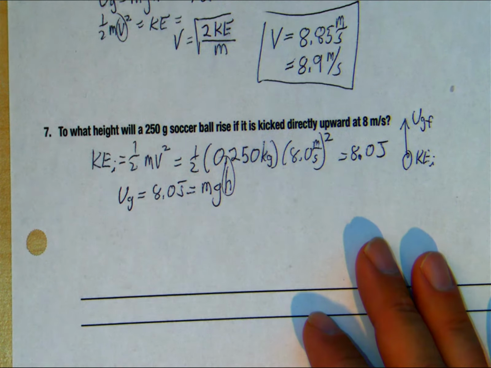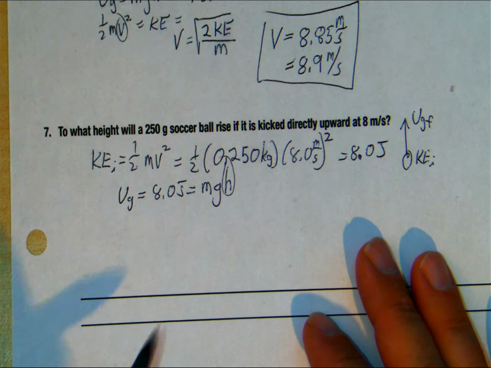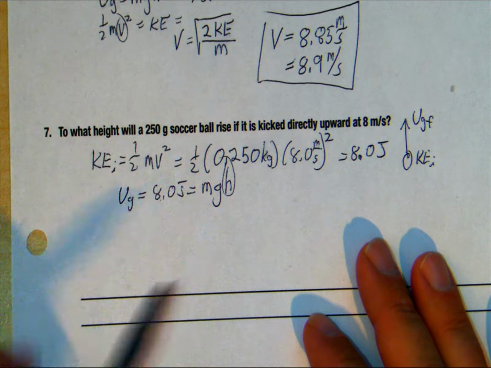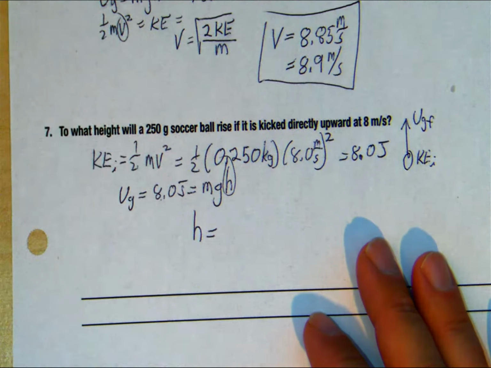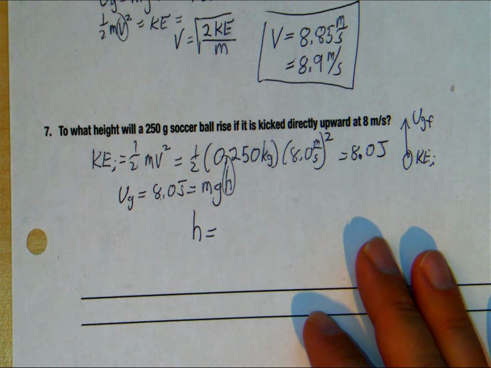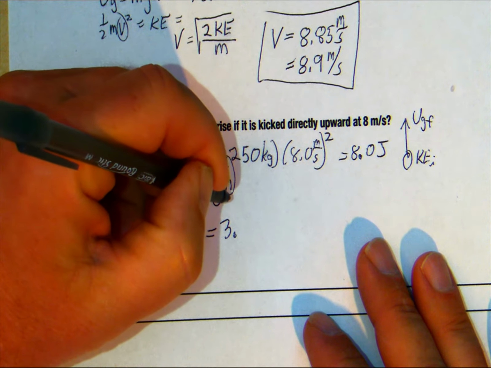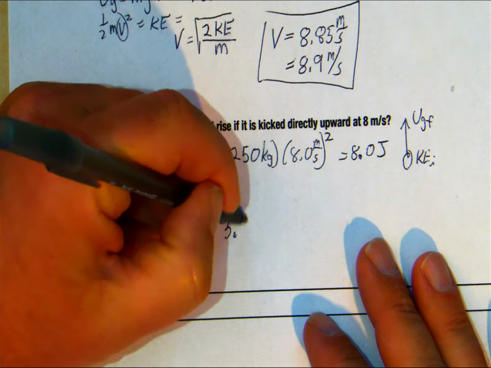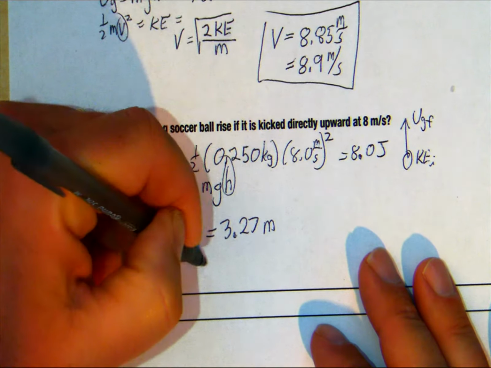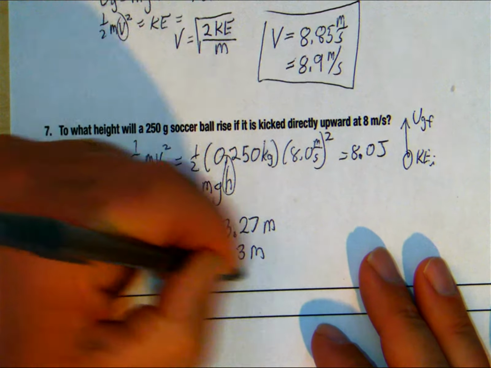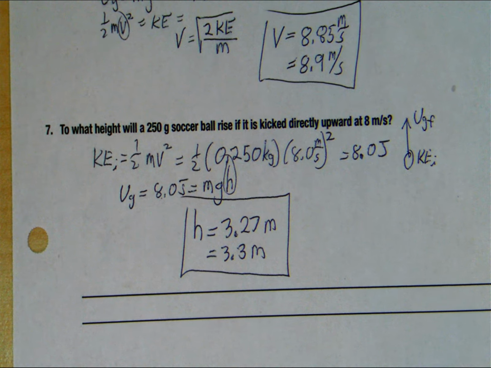To solve for the height, we divide the gravitational potential energy by mass divided by gravity. 8 divided by 9.8 divided by 0.25 is 3.27 meters, or 3.3 meters if you want to do it to only 2 sig figs.